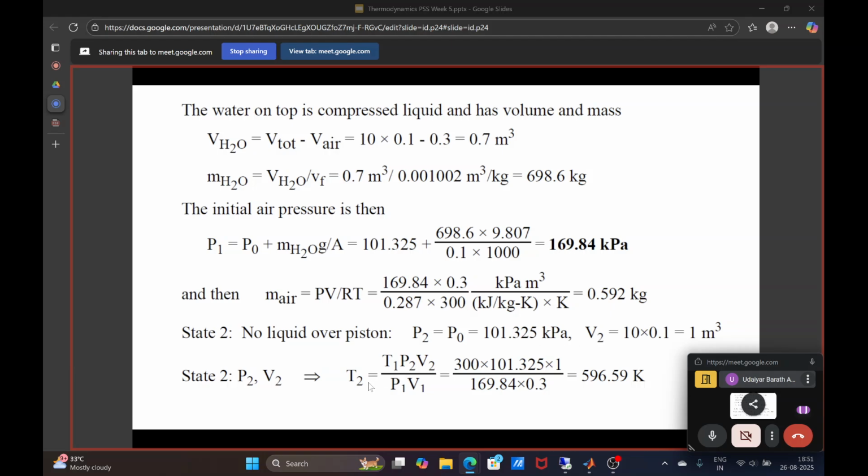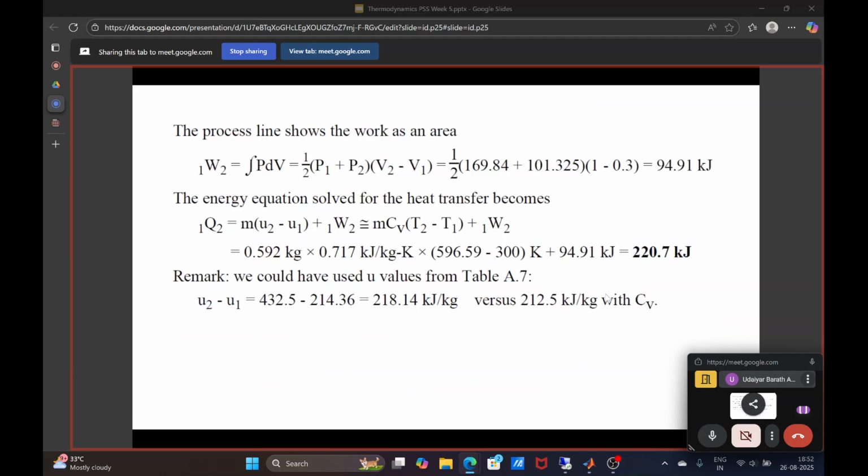So you can use that PV by T is constant for an ideal gas, and estimate the state T2. P2 V2 multiplied by T1 divided by P1 V1 gives you your temperature at the final state as 596.59 Kelvin. So that is the temperature.